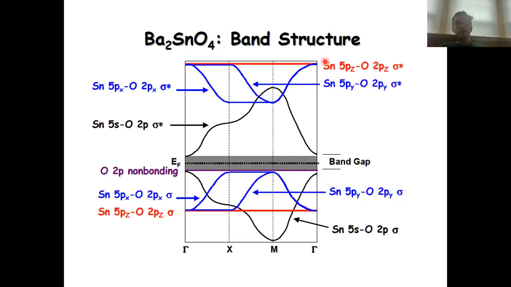Based on that, is there a reason why the blue and red band seem shifted up in energy in the valence band? Shifted up in energy in the valence band.